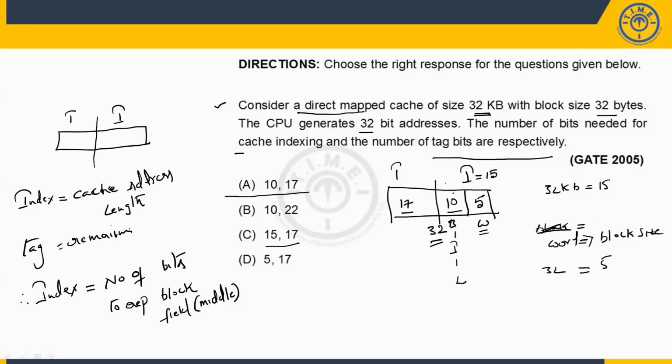After you divide the index into block and word fields, the word field bits will not be a part of the indexing field. The number of bits required to represent the index is limited to the block field. It will be 10 and 17. Is that clear?